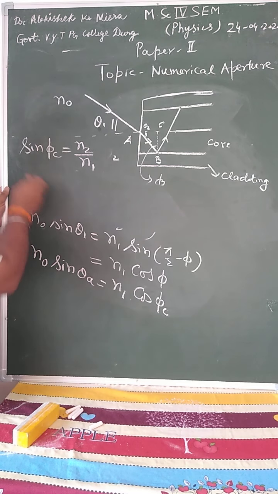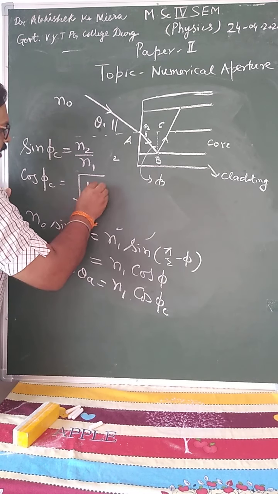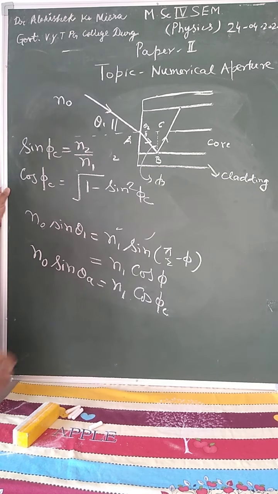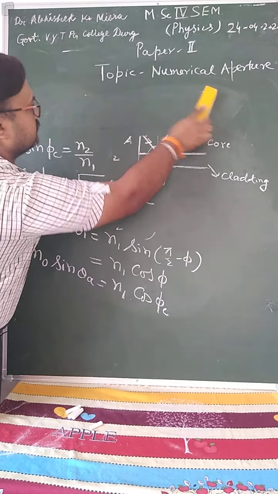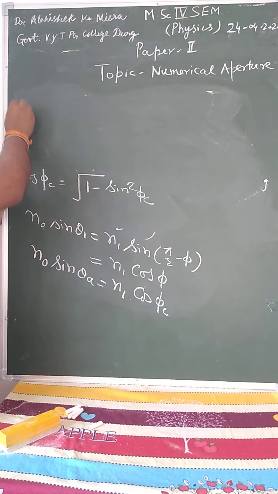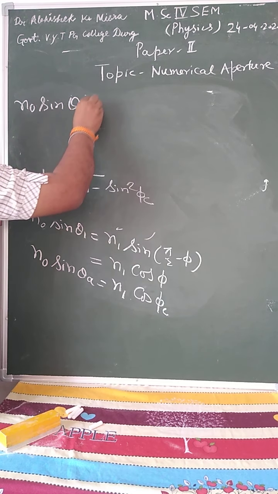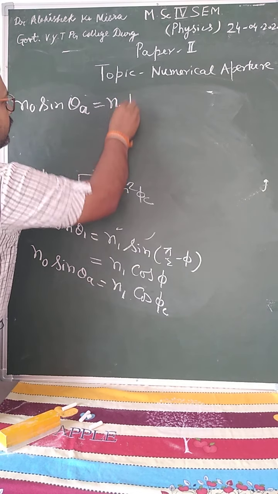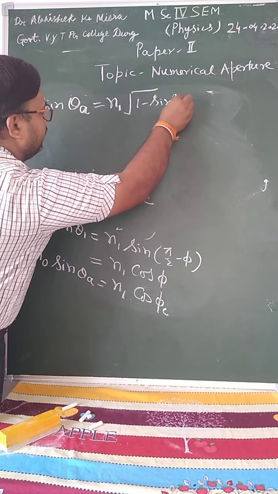Then cos phi c can be written as the square root of 1 minus sin square phi c, and therefore we get sin theta equal to N1 times the square root of 1 minus sin square phi c.